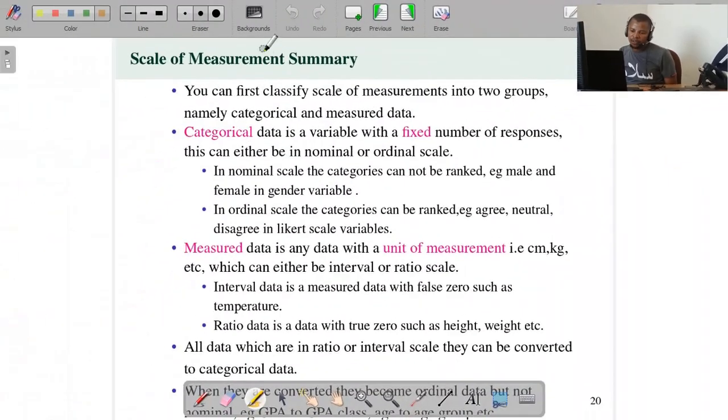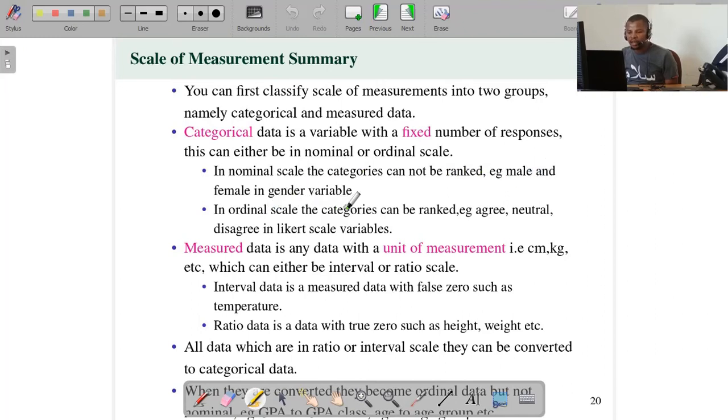So here you will find a little bit of summary about what I have spoken about. You can first classify scales of measurement into 2 groups. The first one is categorical data, a variable with a fixed number of responses, and this is the terminology which marks the categorical. In the nominal scale, categories cannot be ranked, such as male and female.